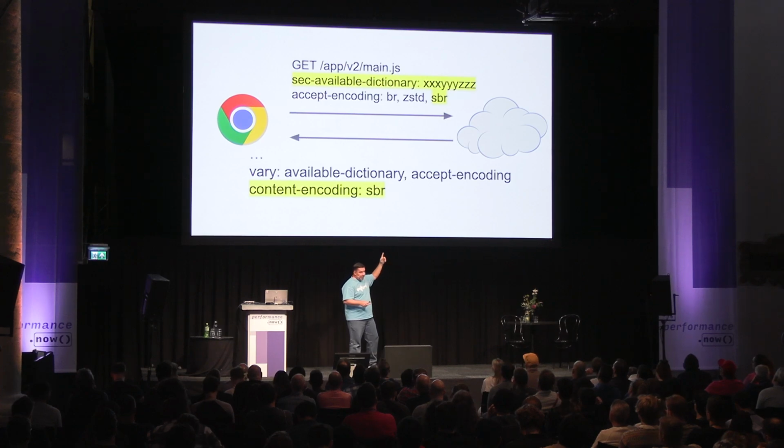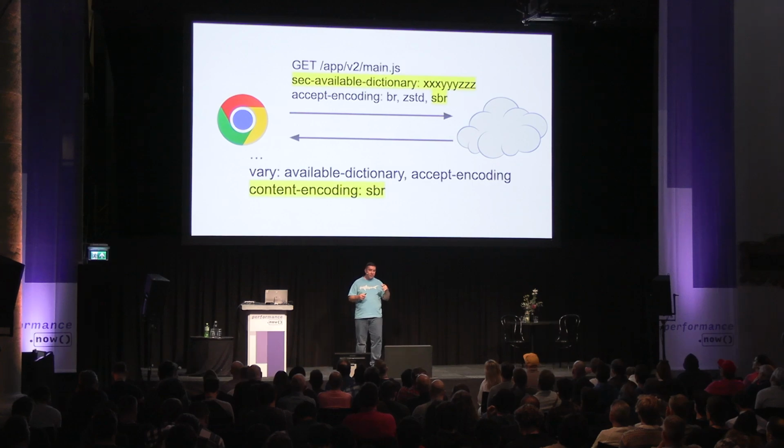And it also includes, at least right now, SBR, which is shared Brotli, in the Accept-Encoding. As of Chrome 119, it also includes ZSTD-D, which is the Zstandard version.